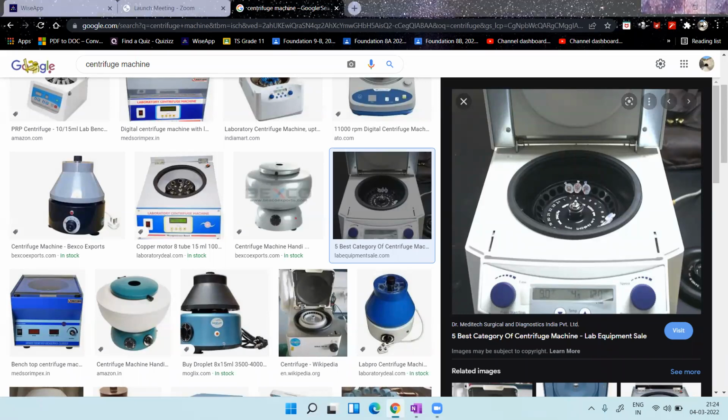Yes, let me ask Shruti. Just now we saw a centrifuge is a device used for separating light from the heavier. So what will happen here? It is made to spin rapidly when the machine is on.